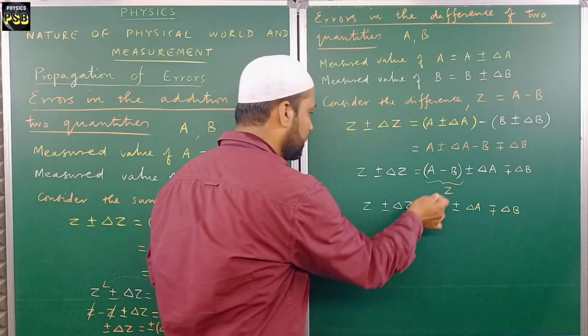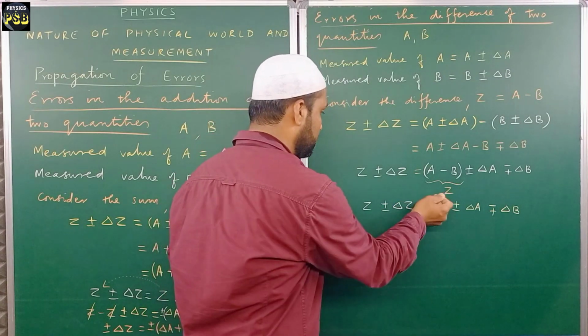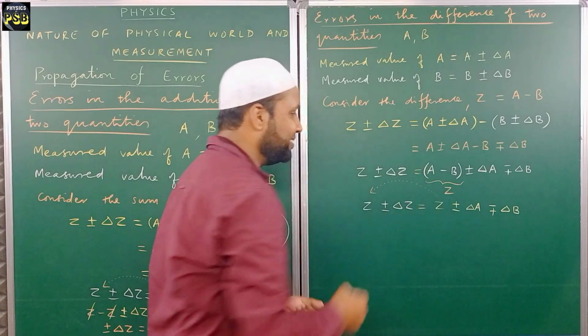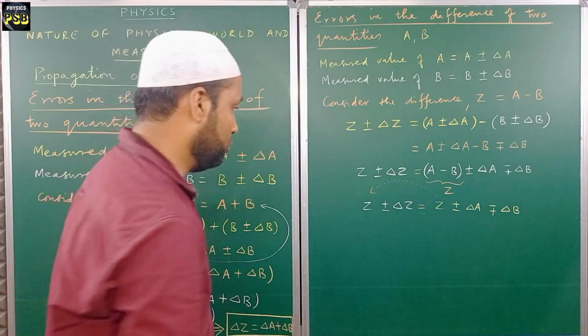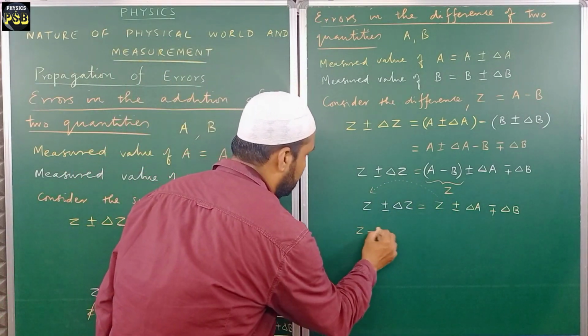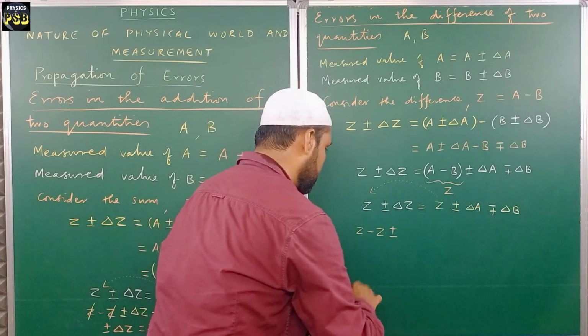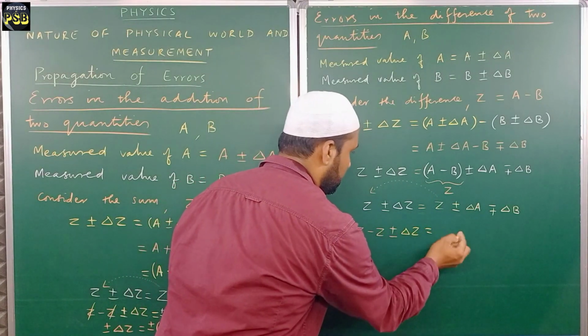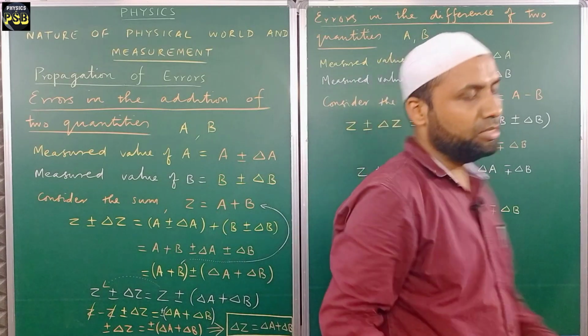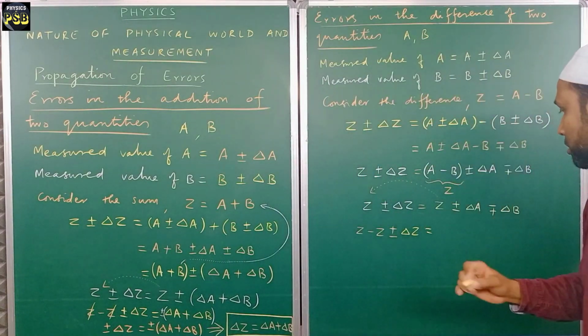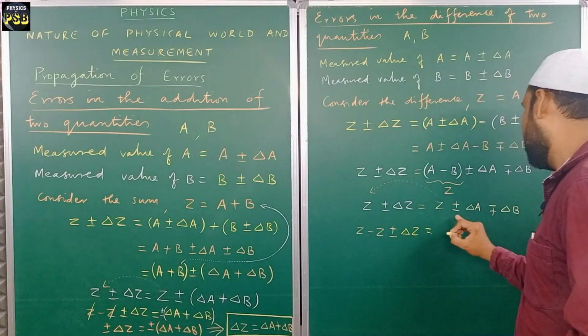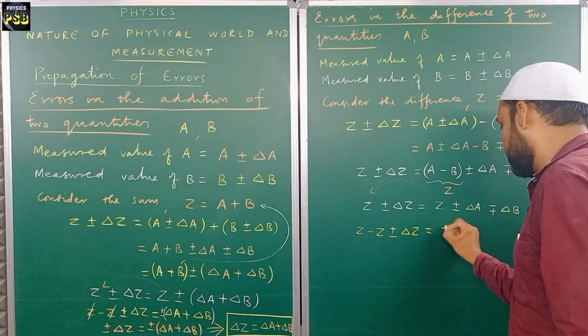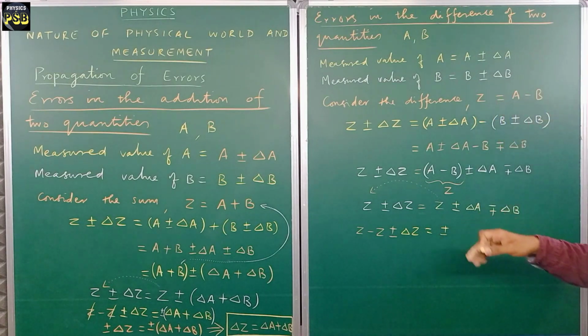Now I am going to take Z to this side. This plus Z will become minus Z by doing so. So Z minus Z plus or minus delta Z equals, see here what I do.